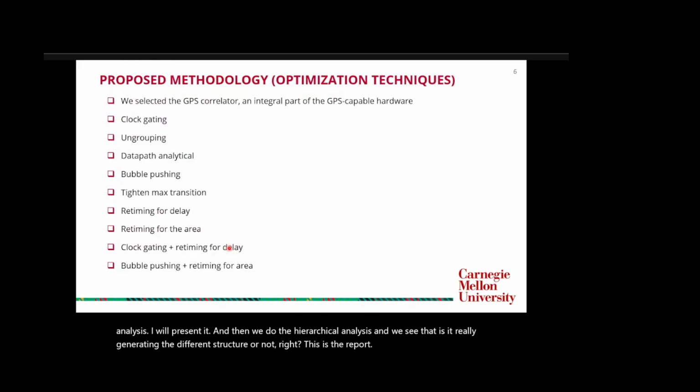Okay, these are the techniques that are available in the commercial synthesis tool. For this purpose, we use the GPS correlator. The GPS correlator has a lot of modules that are repeated multiple times, and it is an integral part of GPS hardware. So we have clock gating, right, to save the power.